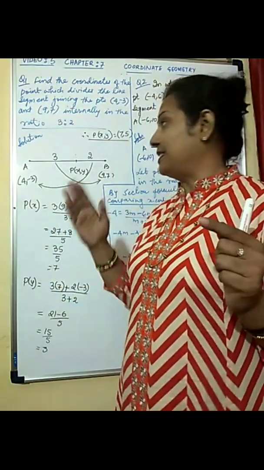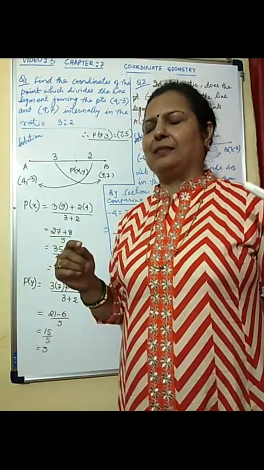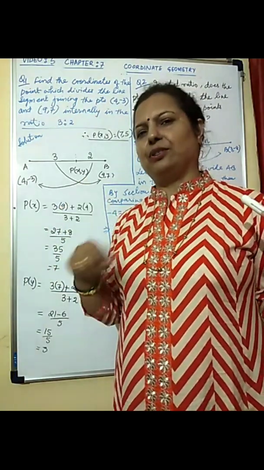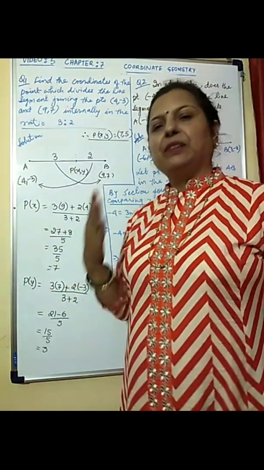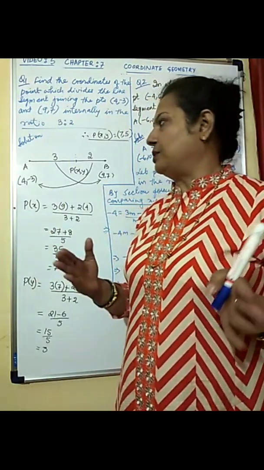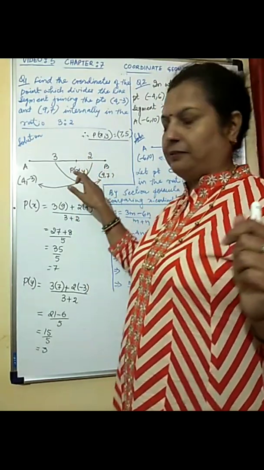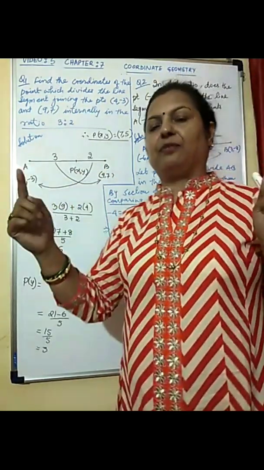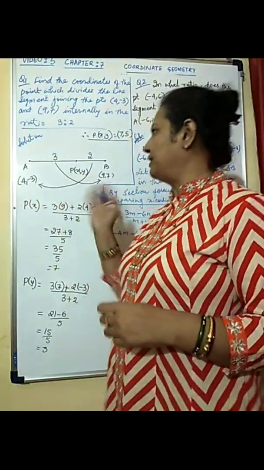There is no such question here. In NCERT there is one question, so if we get back to the class then we will discuss what we mean by external division. For the time being, just understand that in internal division, the point dividing the line in the given ratio lies in between the 2 given points.